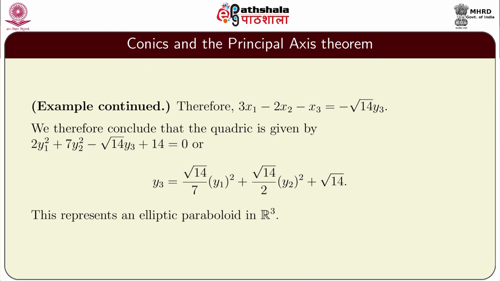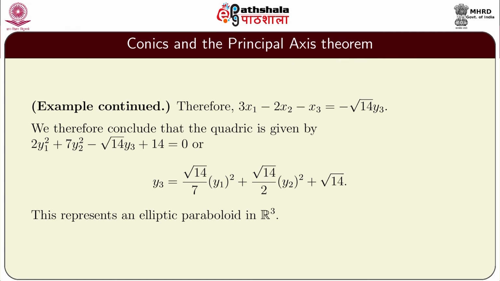Therefore, we get this relationship that 3x1 - 2x2 - x3 is -√14 y3, but this is nothing but the linear part of that quadric. Therefore, we have simplified the homogeneous degree 2 part, the quadratic form part, to 2y1² + 7y2², and the linear part has been simplified with respect to the new variables to -√14 y3, and then there is that constant 14 sitting over there.